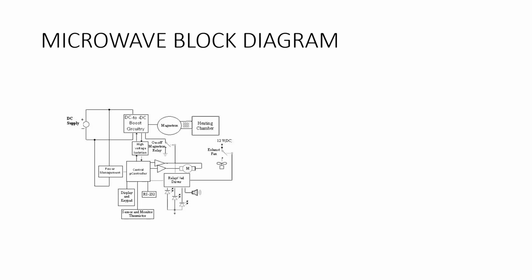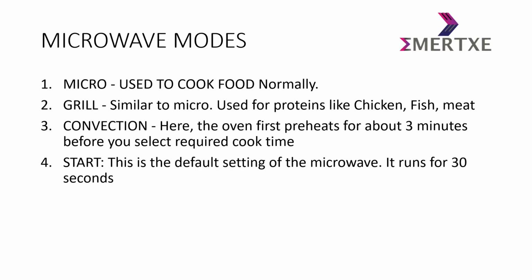We're not directly interested in things such as the magnetron and the heating chamber and those external things. The microwave designed in this project has four modes of operation. The micro mode is number one on the menu and it's used to cook food normally. Then the grill is similar to the micro in operation, preferably used for proteins like chicken, fish, and meat.